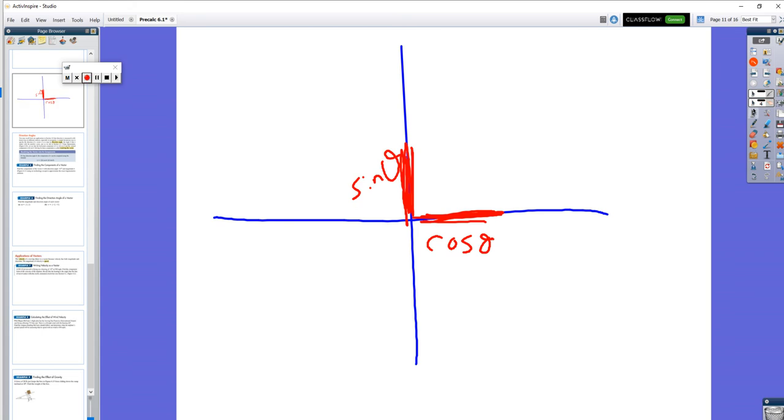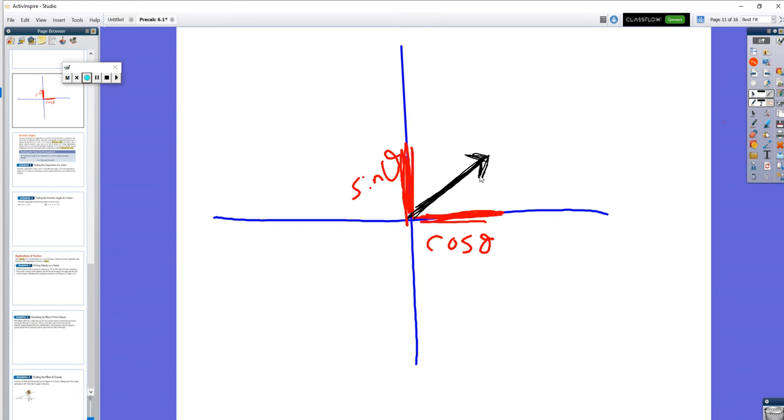And hopefully you also recall that the unit circle is a unit circle because of its radii that are all 1. And what this does is it allows us to connect vectors to the unit circle, or vectors to trigonometry.